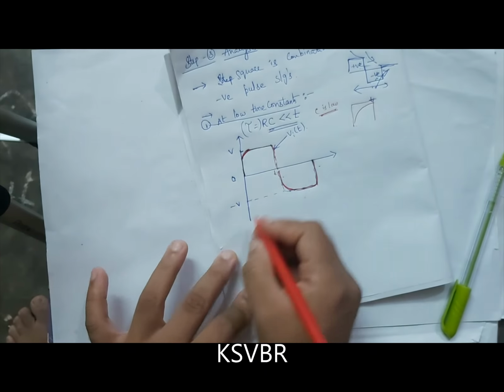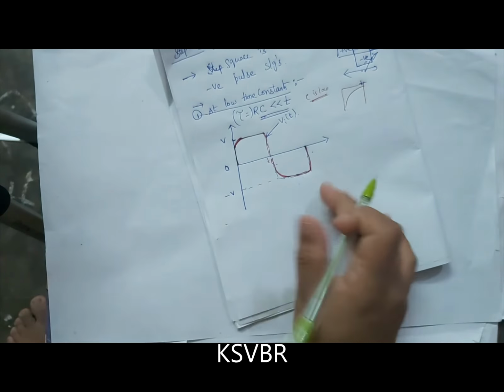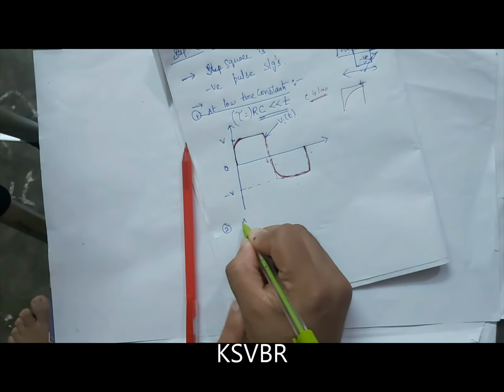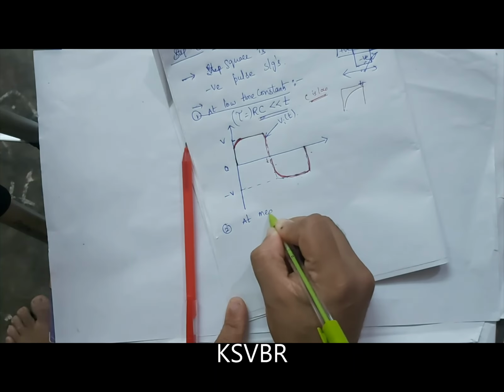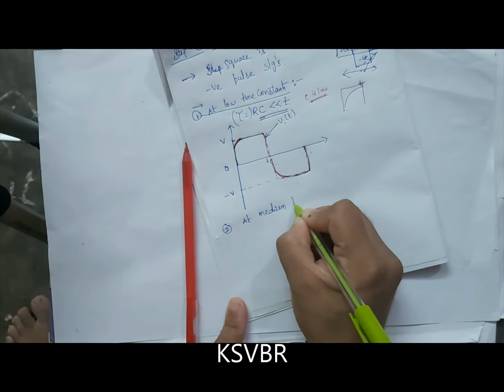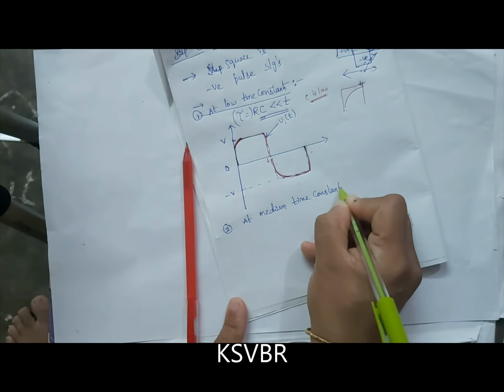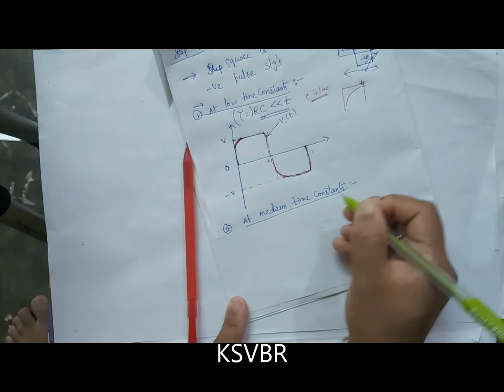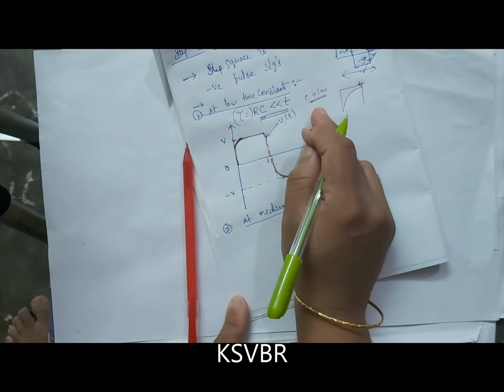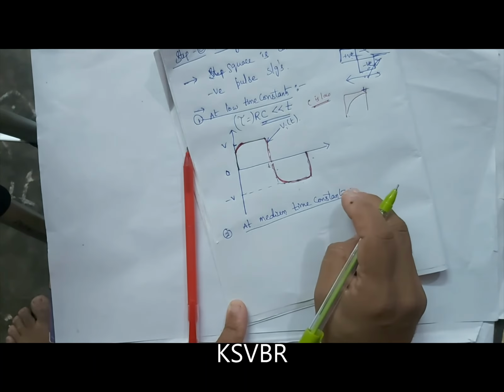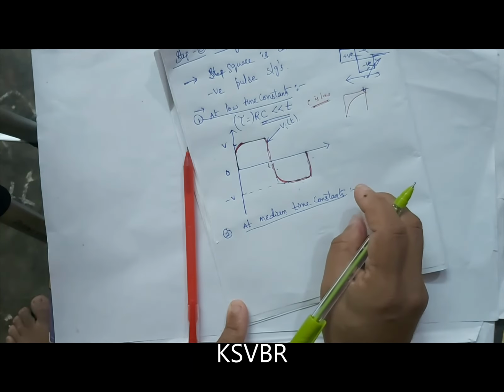So now the second case is at medium time constants. That means the capacitance value in the previous case was low. Here I am using a somewhat higher capacitance value.